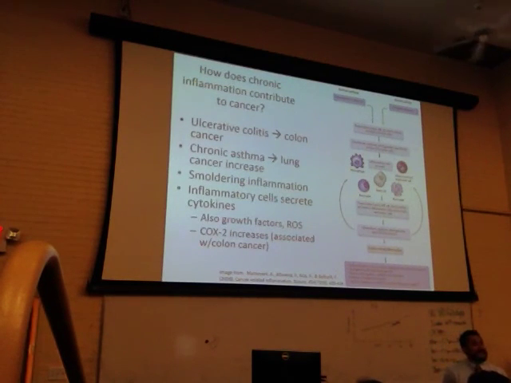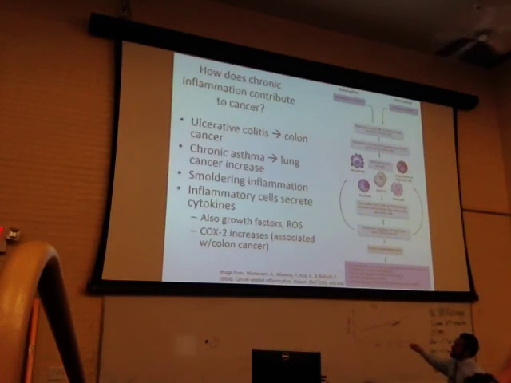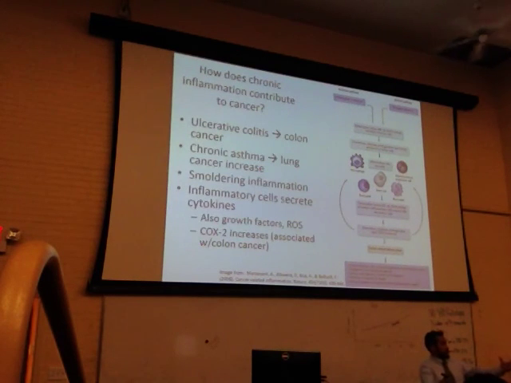Okay? So any type of smoldering inflammation, these inflammatory cells secrete cytokines. Those cytokines go into the tissue and recruit growth factors and recruit macrophages, right? And the macrophages come in and they create reactive oxygen species.